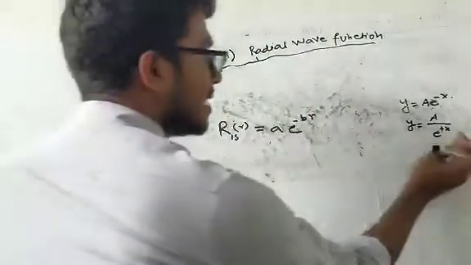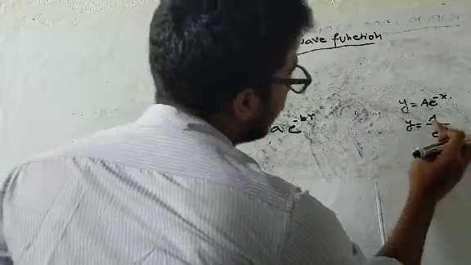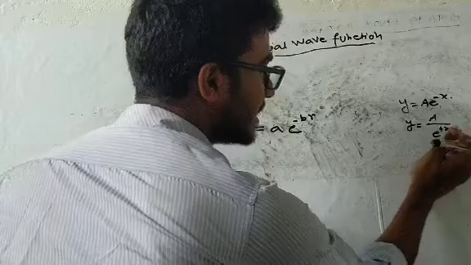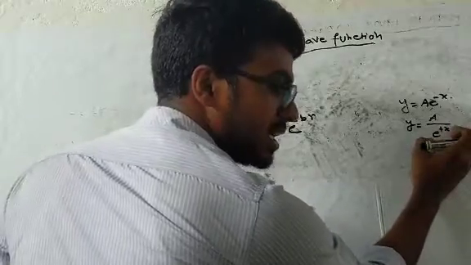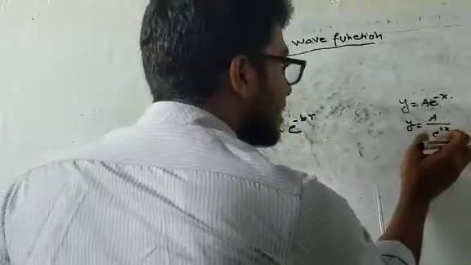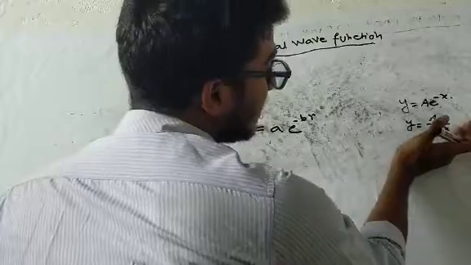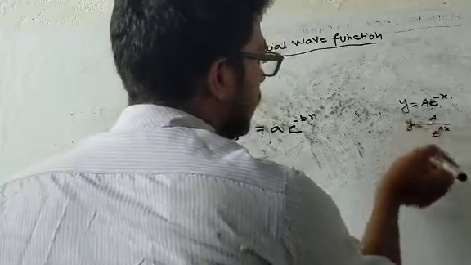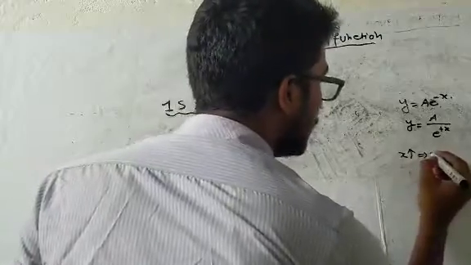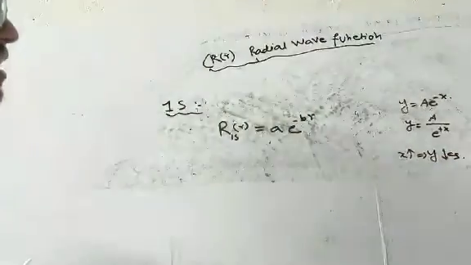Now in this equation, as the value of x increases, e to the power x increases, and as e to the power x is present in the denominator, the value of y should decrease. So if I increase the value of x, the y value should decrease.